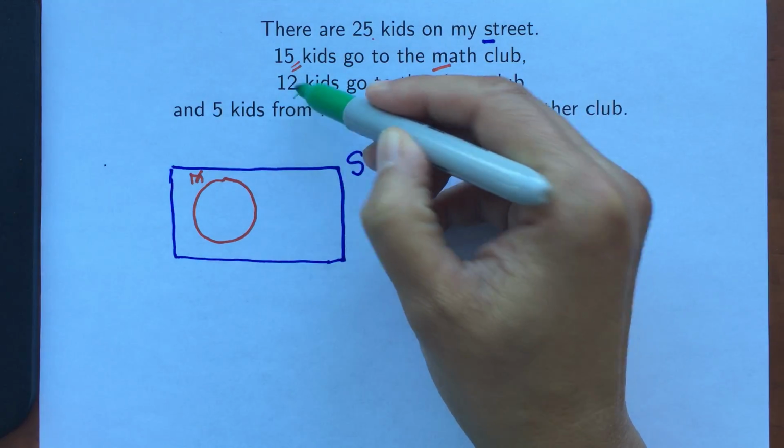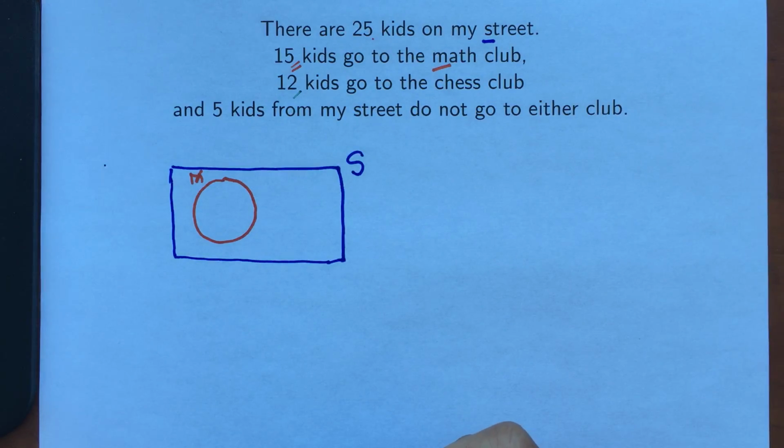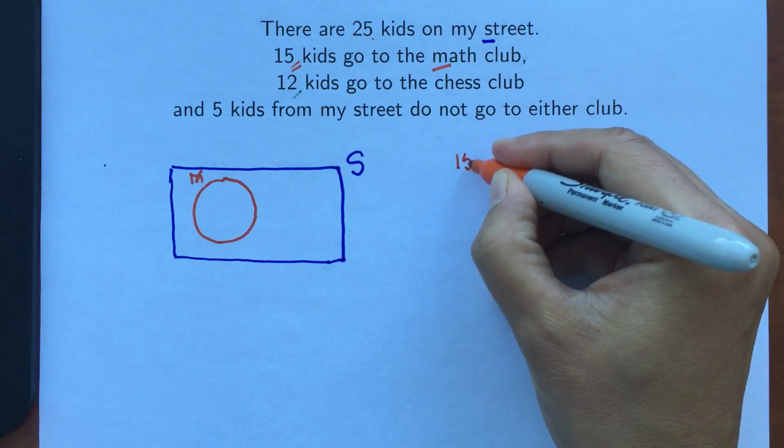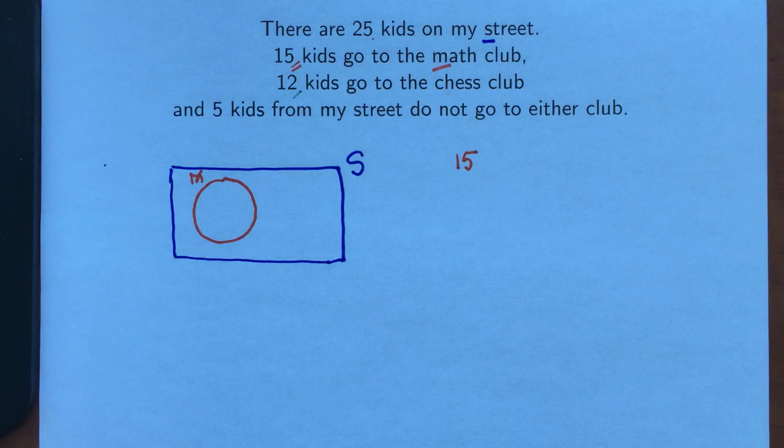What else is the problem saying? Well, the problem says that 12 kids go to the chess club. So we represented the 15 kids that go to the math club with this red circle here.